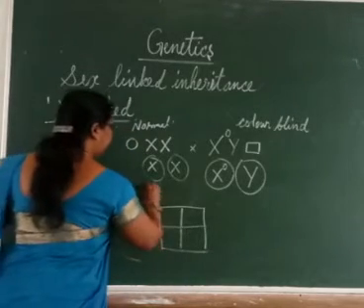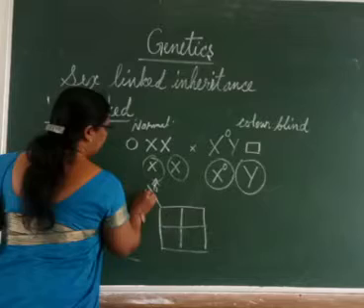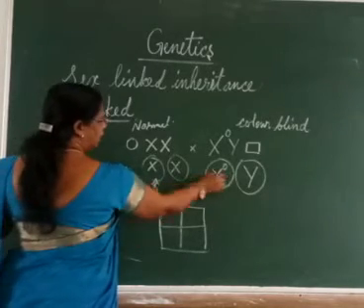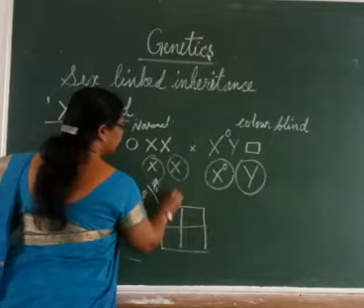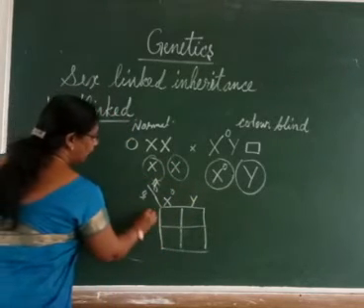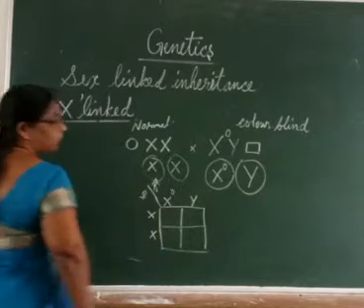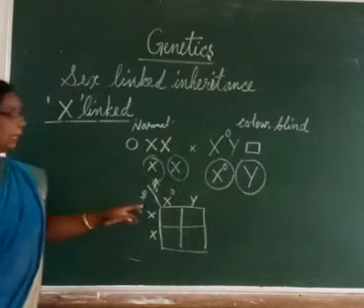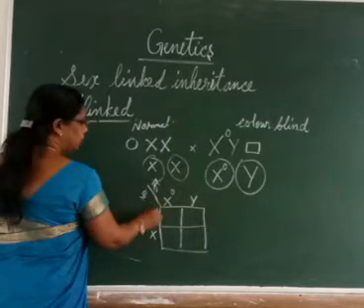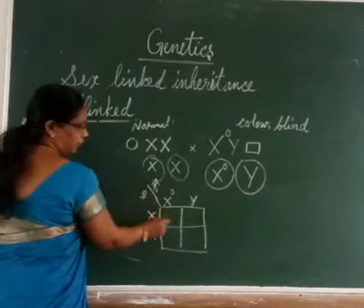So here you can represent the male and here the female. Okay, this one male, X, 0, Y. Here female, X, X. And so here you can do first these two. What is the possibility of their children?